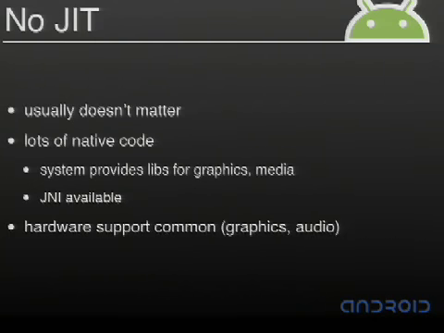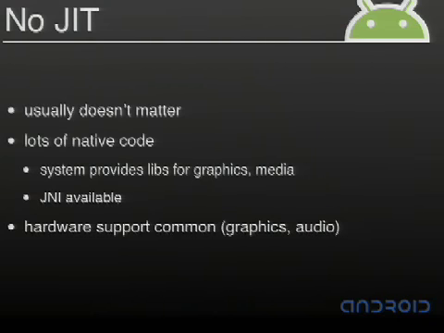And in addition, if you look at the big picture of the system, we're providing a lot of native code to do the really heavy lifting. So to do the 2D and the 3D graphics, to do audio and video, we provide native libraries for all of those things.